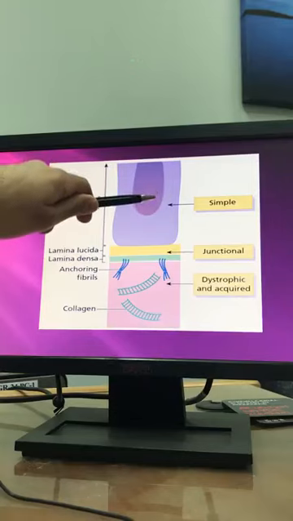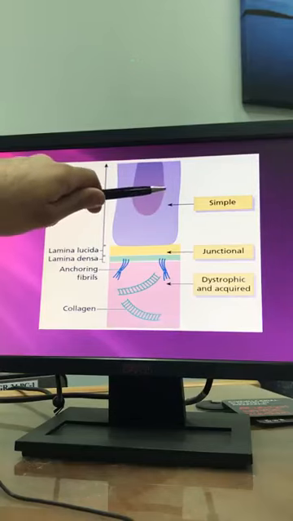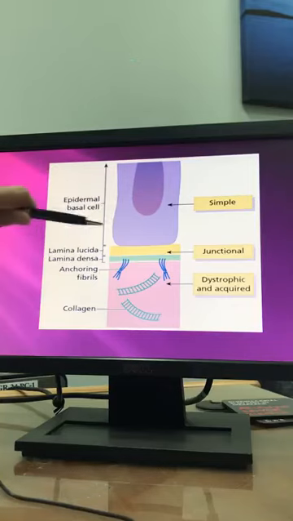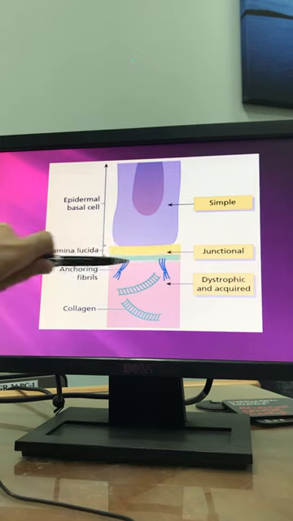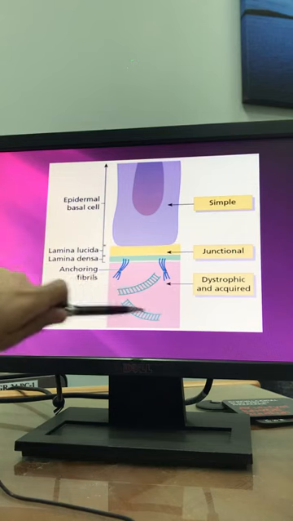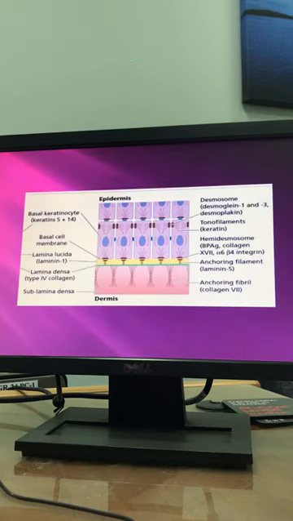So this will appear as a flaccid blister because the blister is also present in the epidermis. While in junctional, the separation will be in the epidermodermal junction or basement membrane. Dystrophic will appear in the dermis.